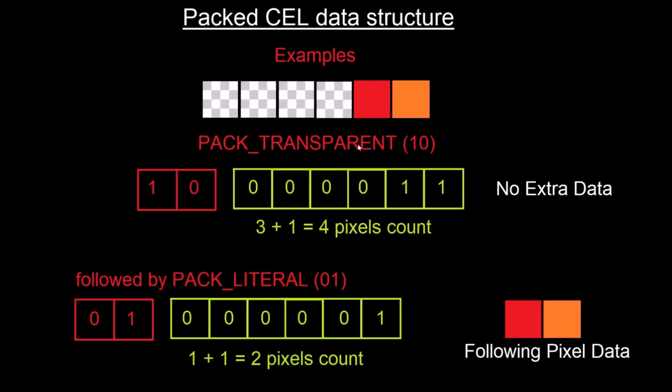Okay, so now the first packet has this header, pack transparent, and this binary is 3 plus 1, 4 pixels. It tells the cell the next 4 pixels are transparent, and there are no extra data.